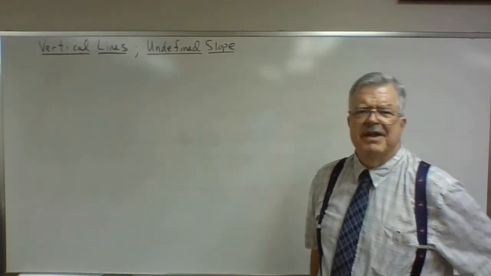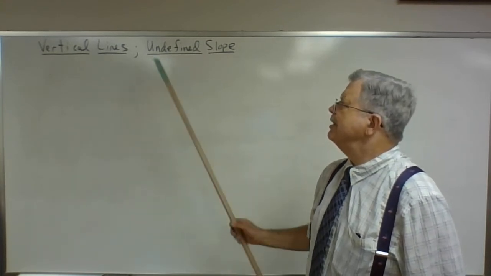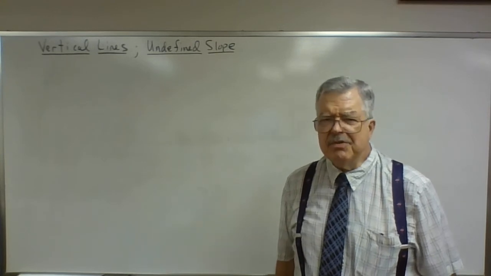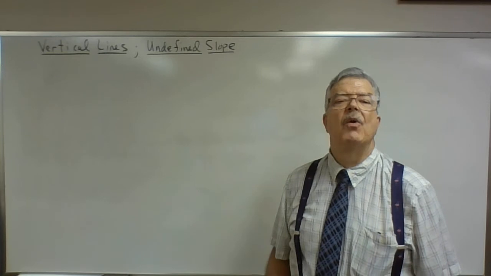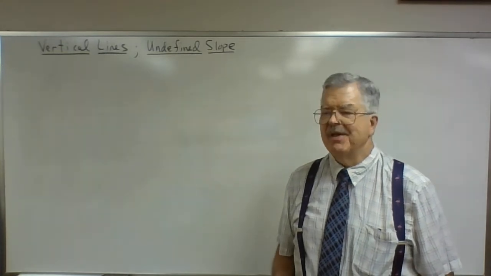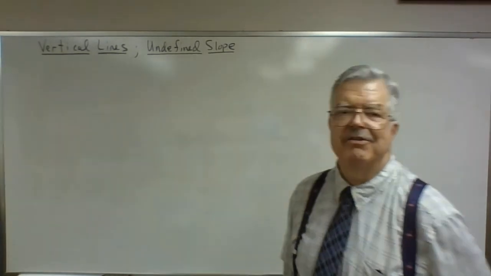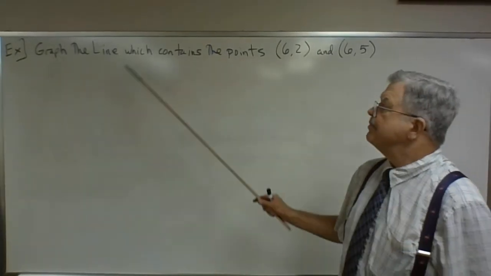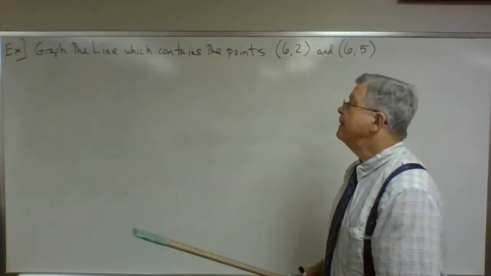As I may have hinted a second ago, now we're going to look at vertical lines and undefined slope. And to do that, we're going to consider an example that is the alter ego of the example we used to introduce horizontal lines. Here's the alter ego of our first example.